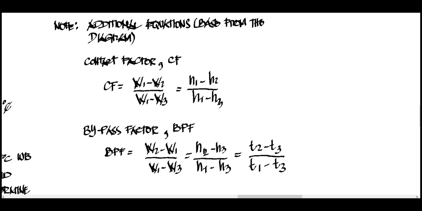Or for the bypass factor, we can also use this equation. We have the change in humidity, humidity T3, sorry, and the change also of enthalpies and of temperature. So it's another way of computing the bypass factor.